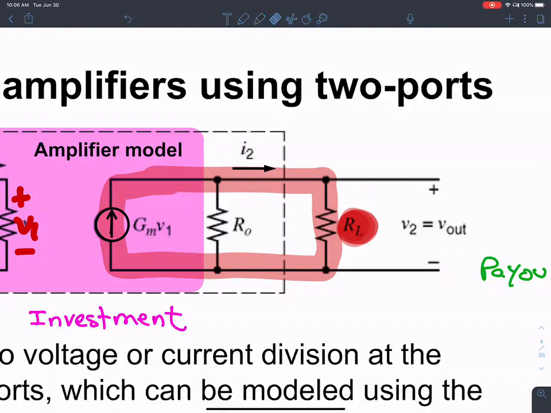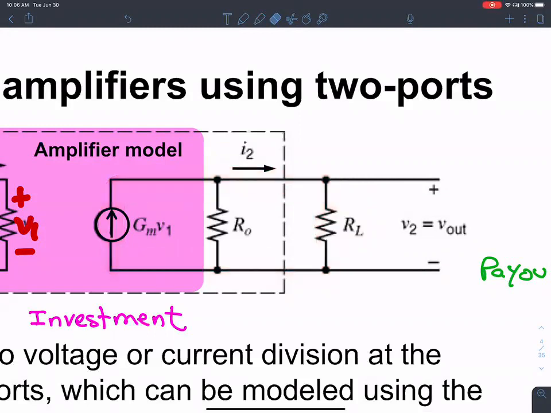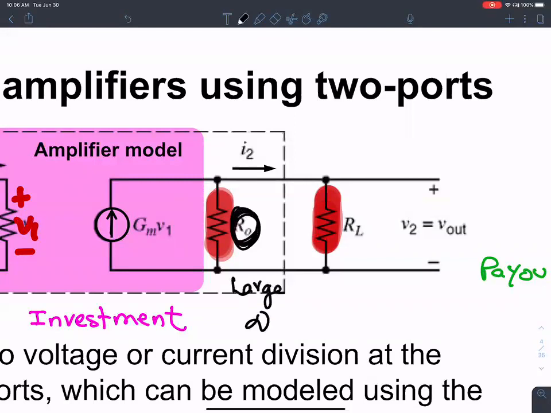In order for that to happen, because this R naught is in parallel to RL, I want this parallel branch R naught to be really, really large, ideally infinity.